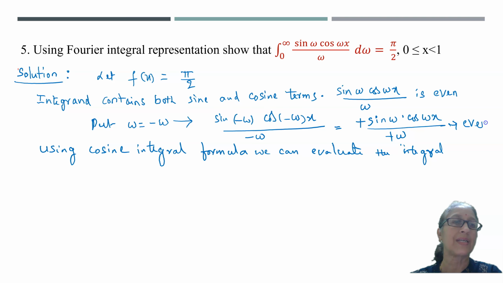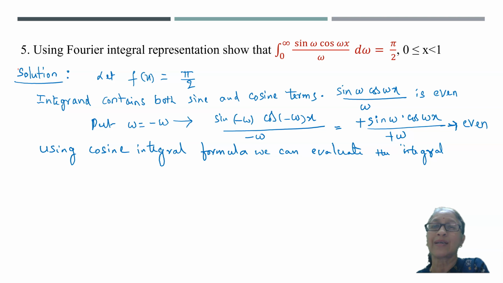Here this function is even function because whenever we replace omega by minus omega, here we got same function, sine omega cos omega x upon omega, same terms. That's why this integrand is even. When integrand is even function, then we use cosine integral formula.